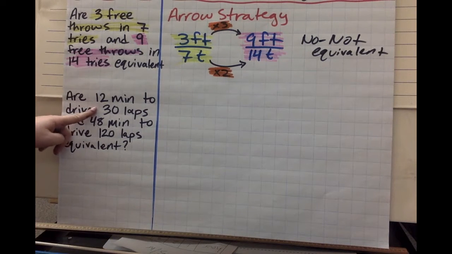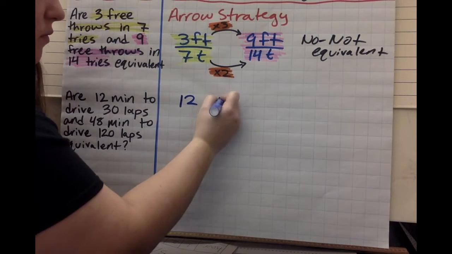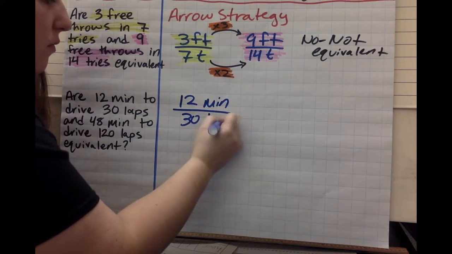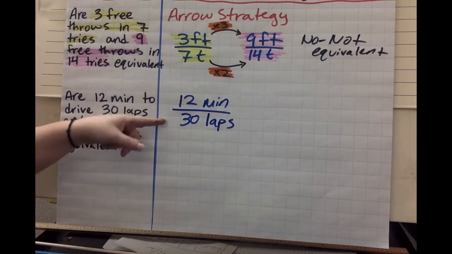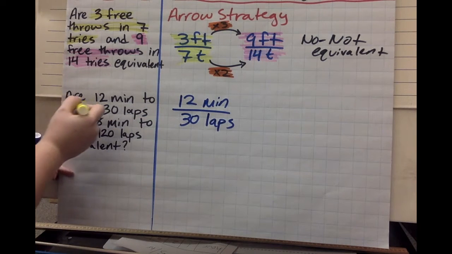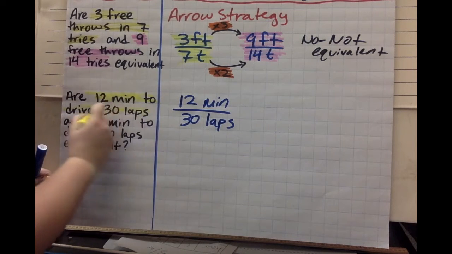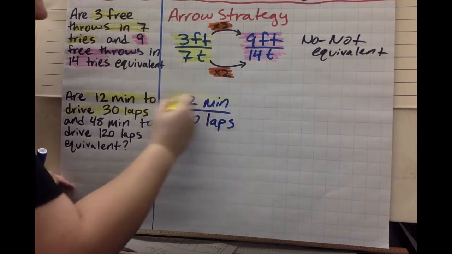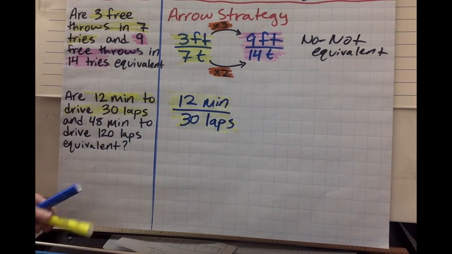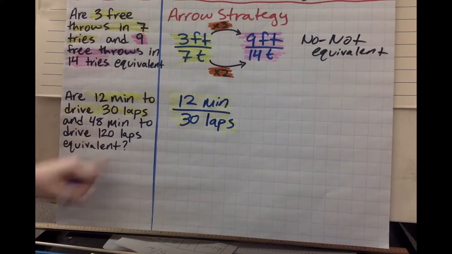I have 12 minutes for 30 laps. That's my first rate. Now I'm going to write my second rate: 48 minutes to drive 120 laps.